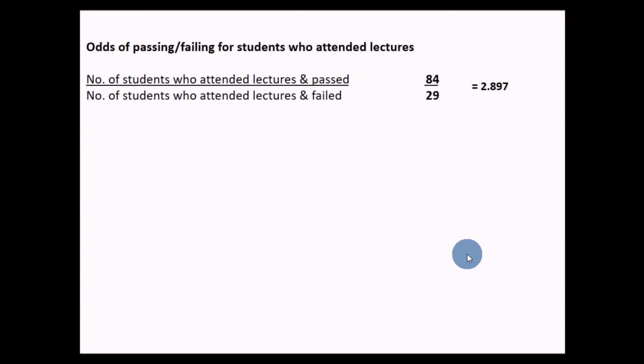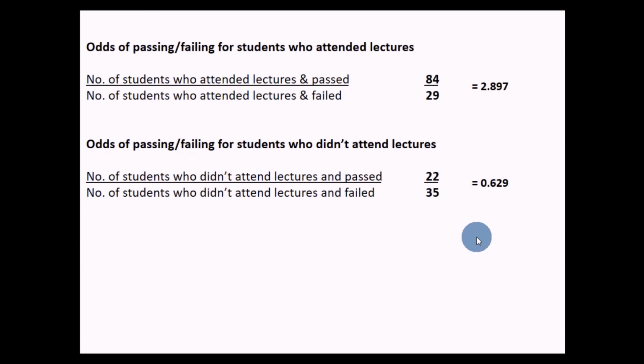If this figure is above 1, this will basically mean that students who attended lectures were more likely to pass than fail. Now we'll calculate the odds of passing or failing for students who didn't attend lectures. You can see this time it's 22 divided by 35, which gives you a value of 0.629. So this is below 1. And this indicates that for students who didn't attend lectures, they were more likely to fail than pass.